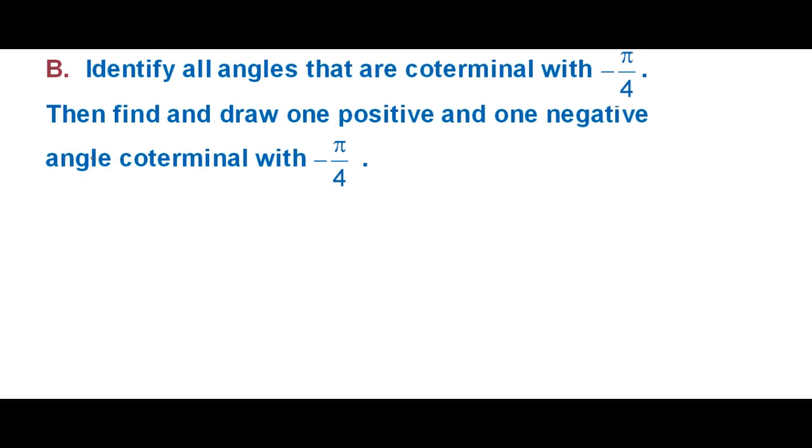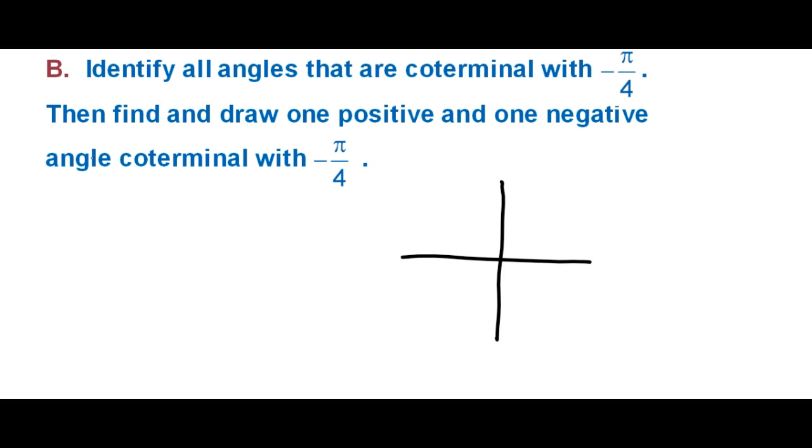Now for our second part, we're doing the same thing only with radians. So in this case, we have negative pi over 4 radians. Now remember, in a full circle, just like you have 360 degrees, you also have 2 pi radians. So that means in half a circle, from one side of the line to the other, you're going to have pi radians, which means your 90-degree mark is going to be pi over 2, a half a pi radians.